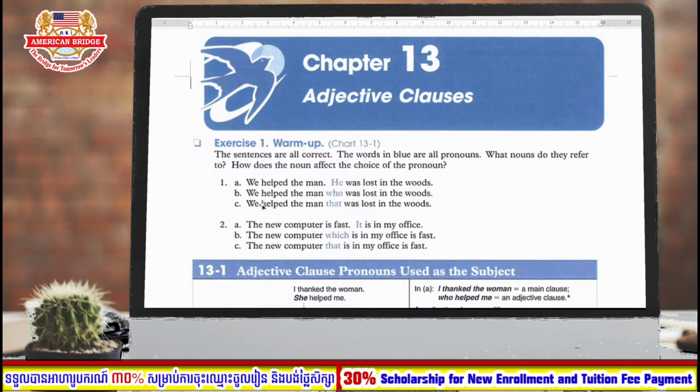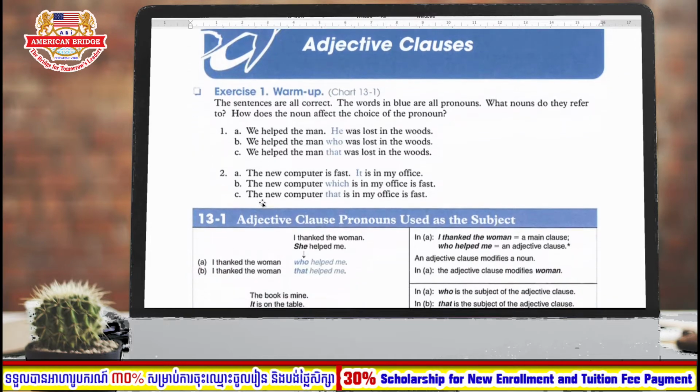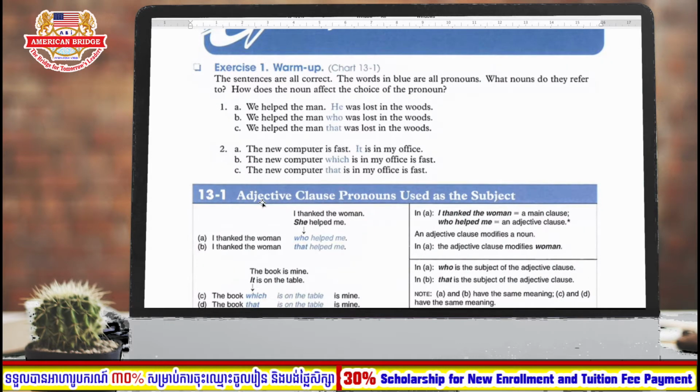In another grammar book, they call it the adjective clause as well as in our Writing Breakthrough book. So in this video, I will try my best to clarify what an adjective clause is and how to use it. Mostly we focus on the adjective pronoun, or we call it the relative pronoun.